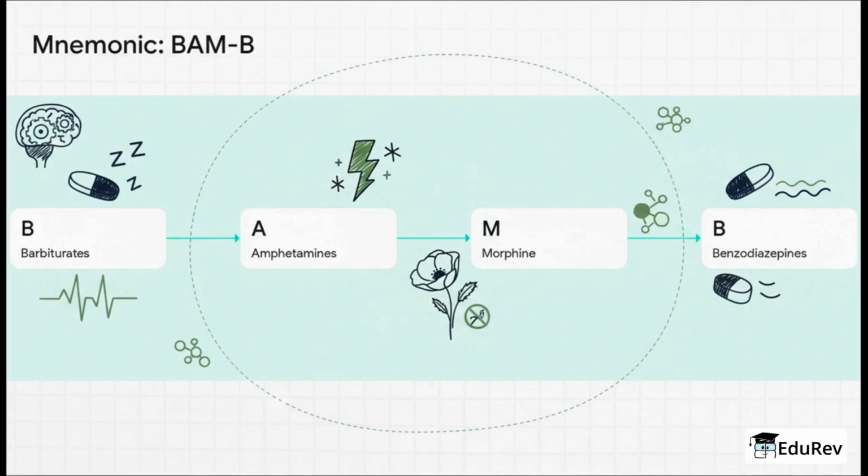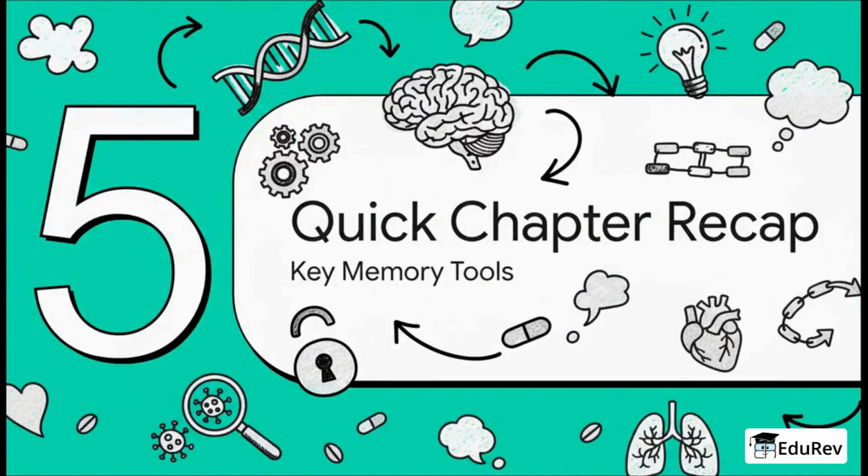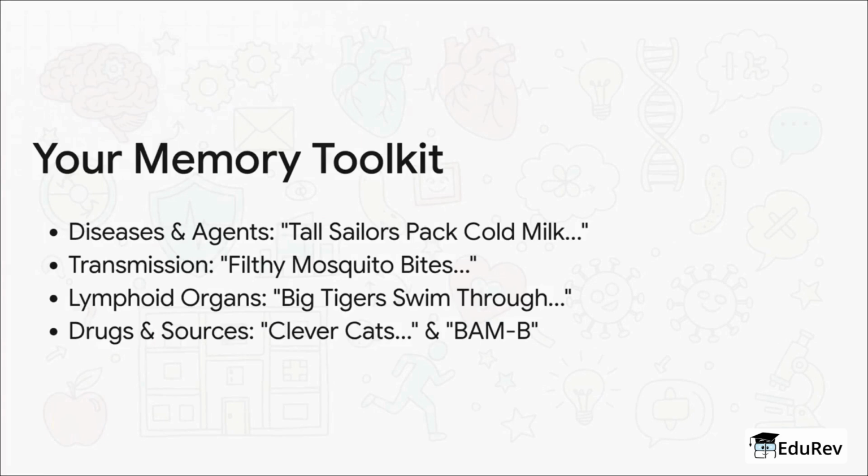And just like that, we have worked our way through the hardest parts of this chapter. So let's just do a super quick recap of the powerful memory tools that we've just put in our toolkit. So there you have it, four simple little tricks to help you conquer this chapter.